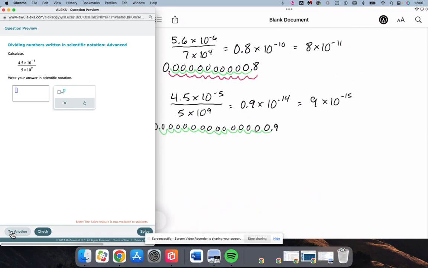And then I would put that back in scientific notation. So 1, 2, 3, 4, 5, 6, 7, 8, 9, 10, 11, 12, 13, 14, 15. So as we got up there, 9 times 10 to the negative 15.